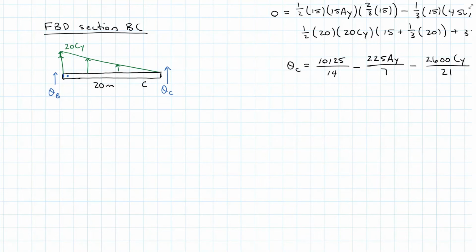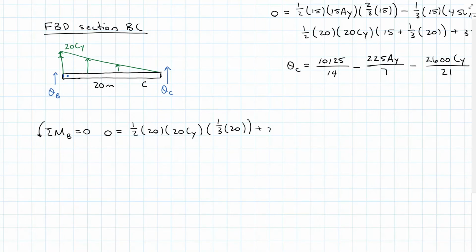On my free body diagram, section BC of my conjugate beam, I'm going to sum my moments about B, and I will have 1/2 base times height times the distance to the centroid from B plus 20 theta C. And again, solving for theta C, I find that it is equal to minus 200 CY all over 3.